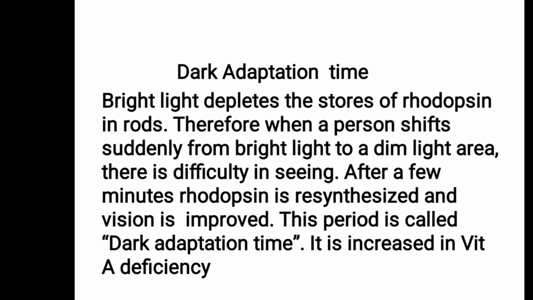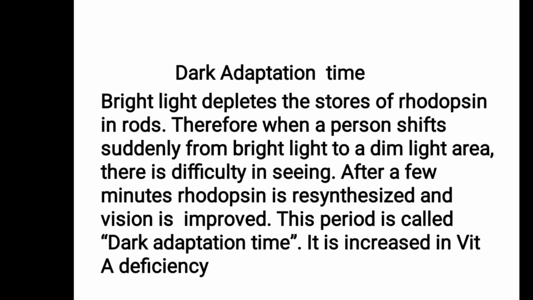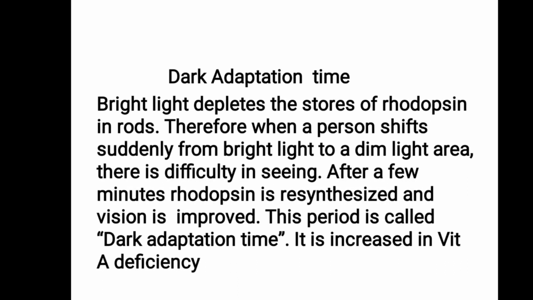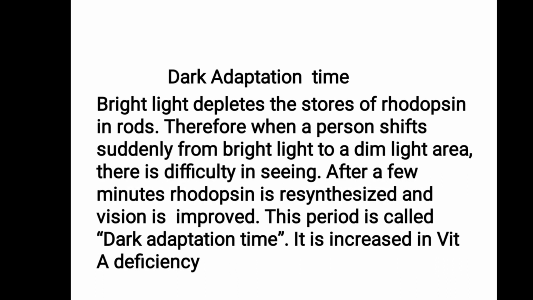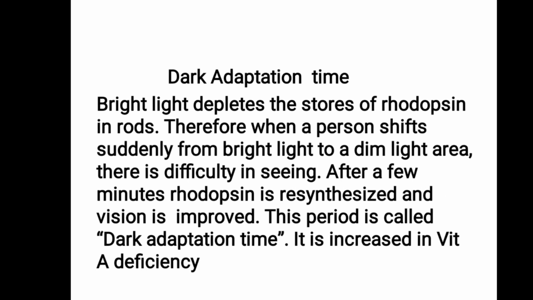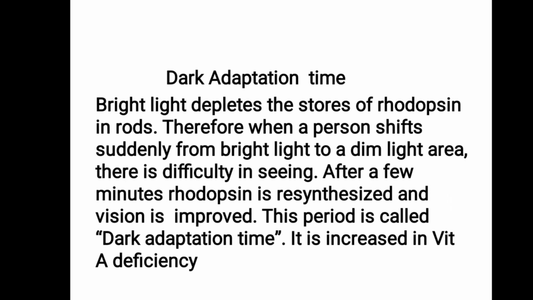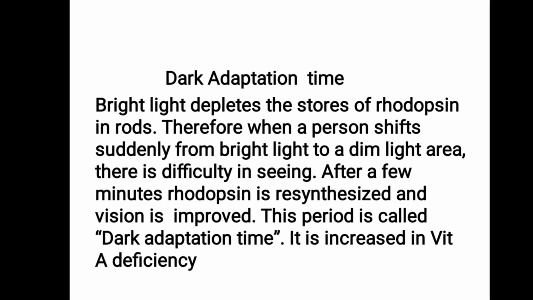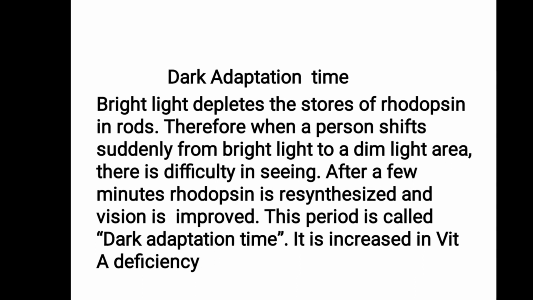Therefore, when a person shifts suddenly from bright light to a dim light area, there is difficulty in seeing. You can observe this when you go from the bright summer light into a dark classroom: you feel nothing can be seen at the moment.